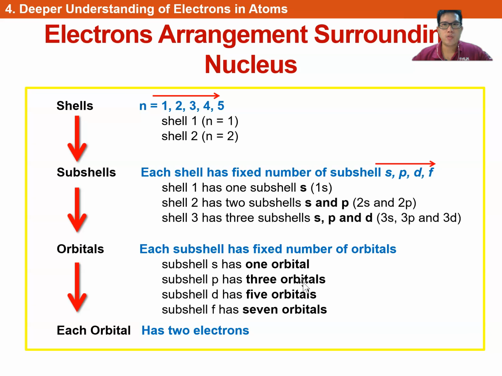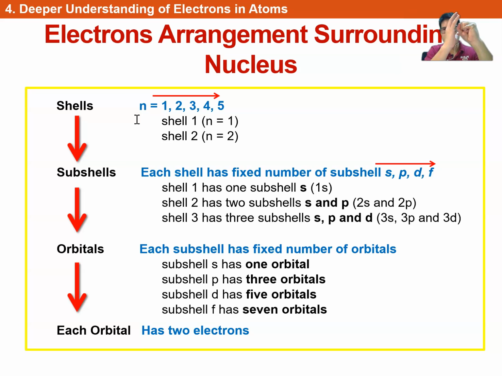So the electrons are arranged in shells. We have shell number 1, which is closest to the core, shell 2, shell 3, shell 4, and shell 5, from nearest to furthest from the core.